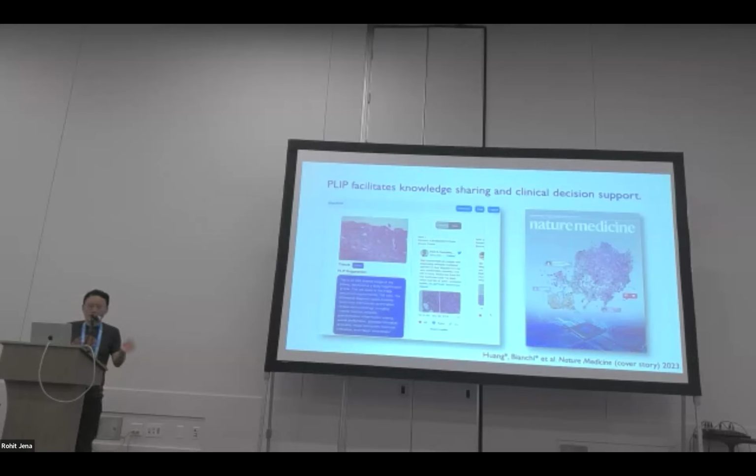So to mitigate that, we built a second way that people can use these models, which is based more on retrieval and summarization. In this retrieval mode, based on the query image uploaded by the user, PLIP first goes through textbooks, EHR, and online resources to identify the most relevant discussions that are similar to this uploaded query image.